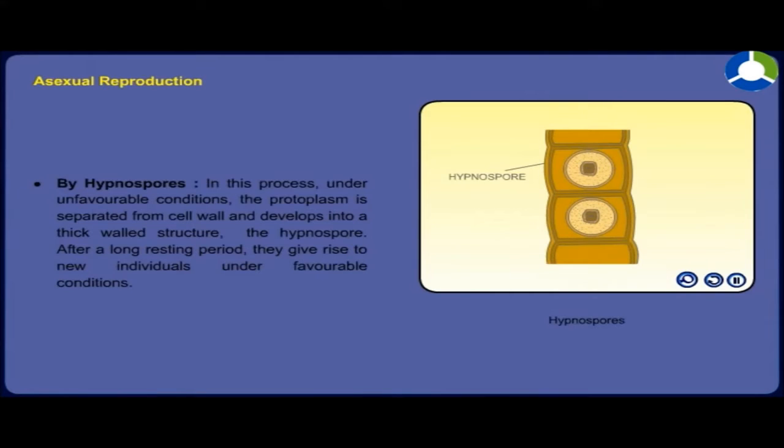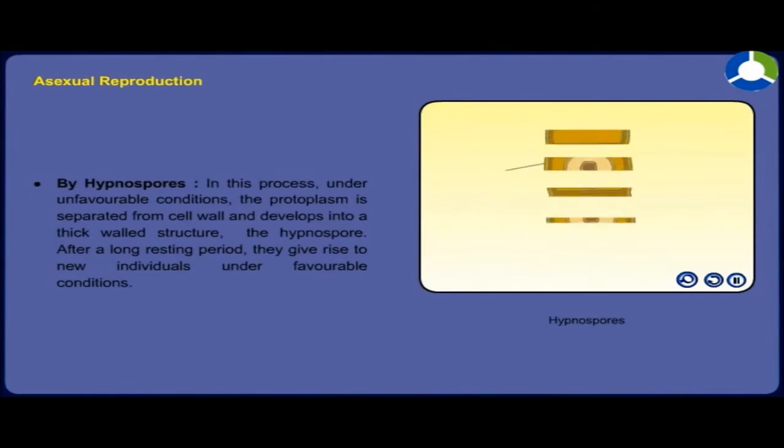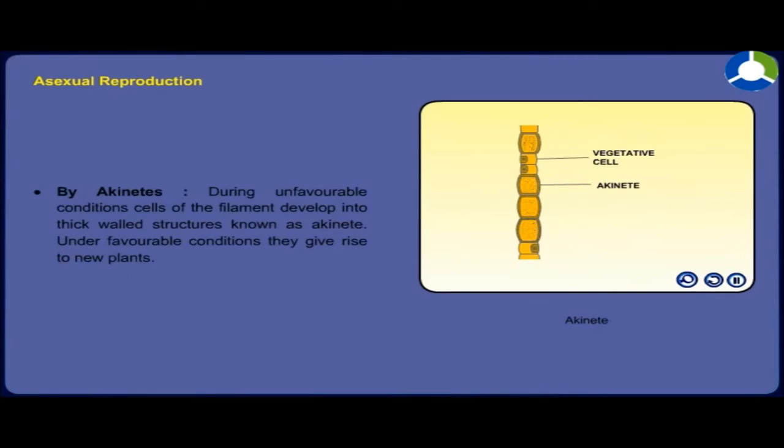The hypnospore, after a long resting period, gives rise to new individuals under favorable conditions. By akinetes: during unfavorable conditions, cells of the filament develop into thick-walled structures known as akinetes. Under favorable conditions, they give rise to new plants.